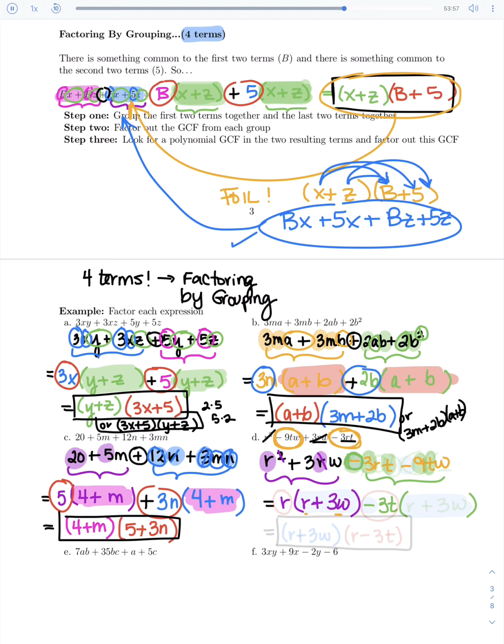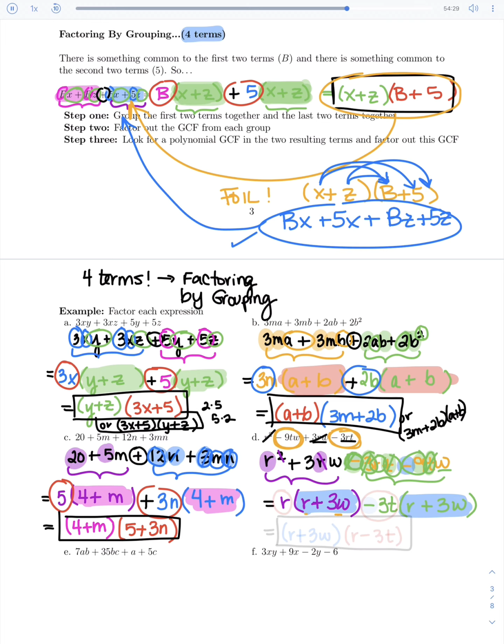So pulling out this negative and the 3 will make this a positive, and I'm pulling out the t, which will just leave me with the r. Now, also dividing out the negative 3 from the negative 9 will give me a positive 3. I'm pulling out the t as well, so I'll only have the w. Now, let's zoom out. The reason why all this worked out so well is because now I have a matching r plus 3w.